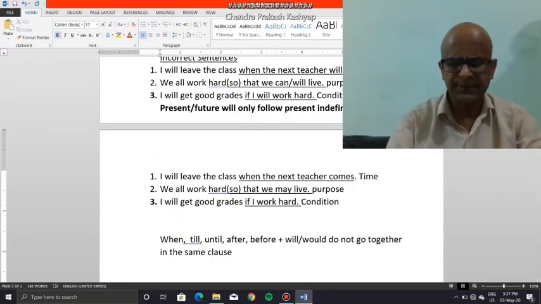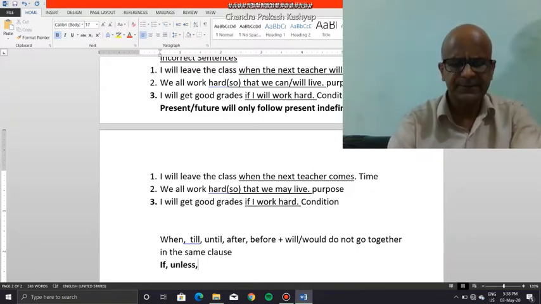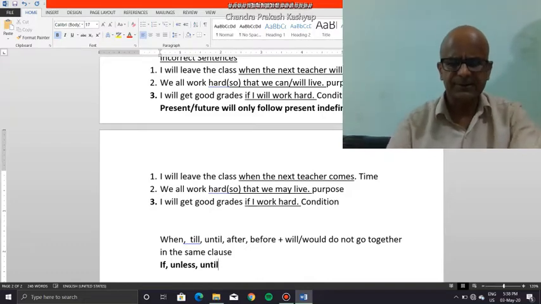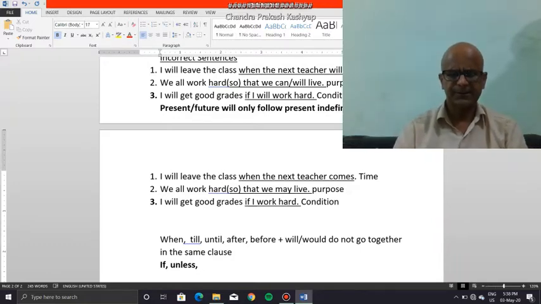there are other subordinating conjunctions to state condition, just as if. I can state condition using unless, not until. Until is a subordinating conjunction of time.